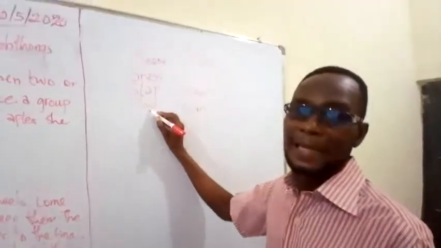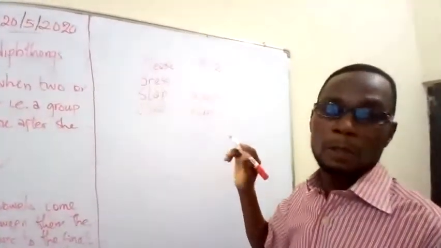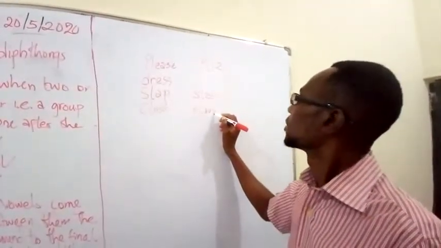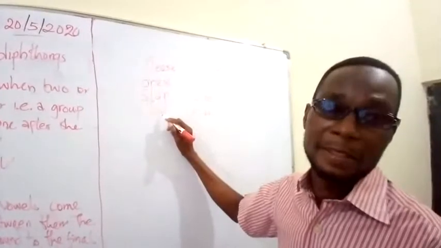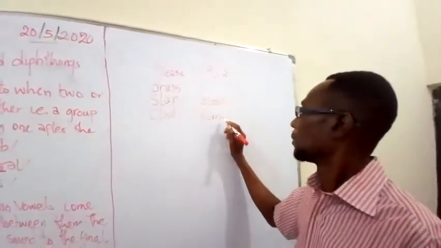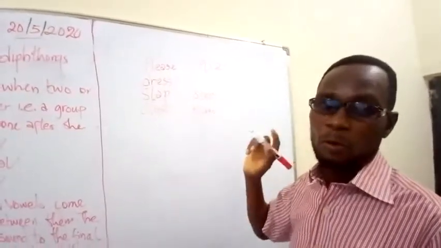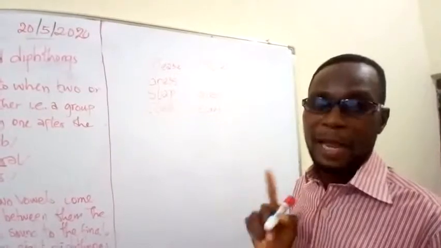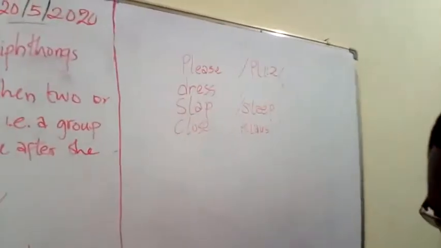You pick Z here, close. But a lot of people articulate it, and what you will see is S. So it's a matter of accent. Some people say, close the door, some people say, close the door. All right. That is it.